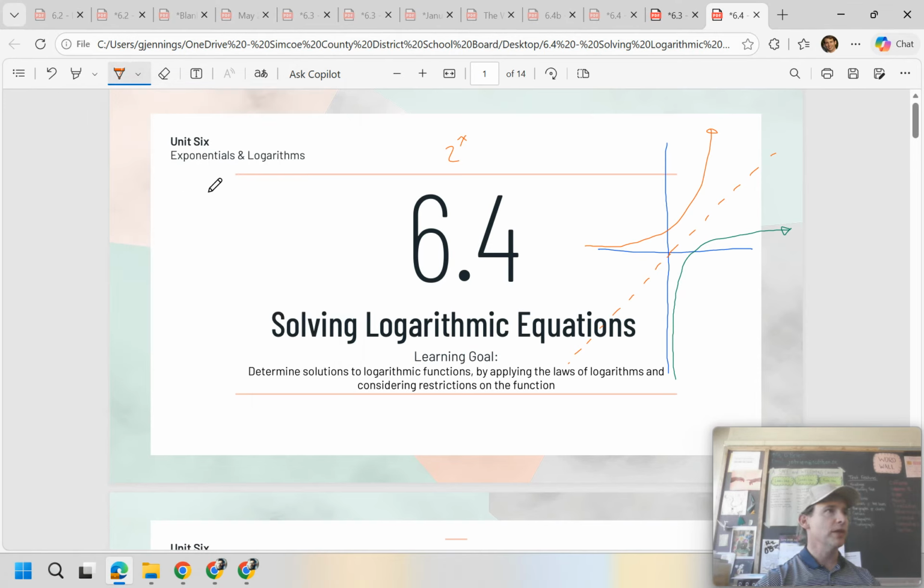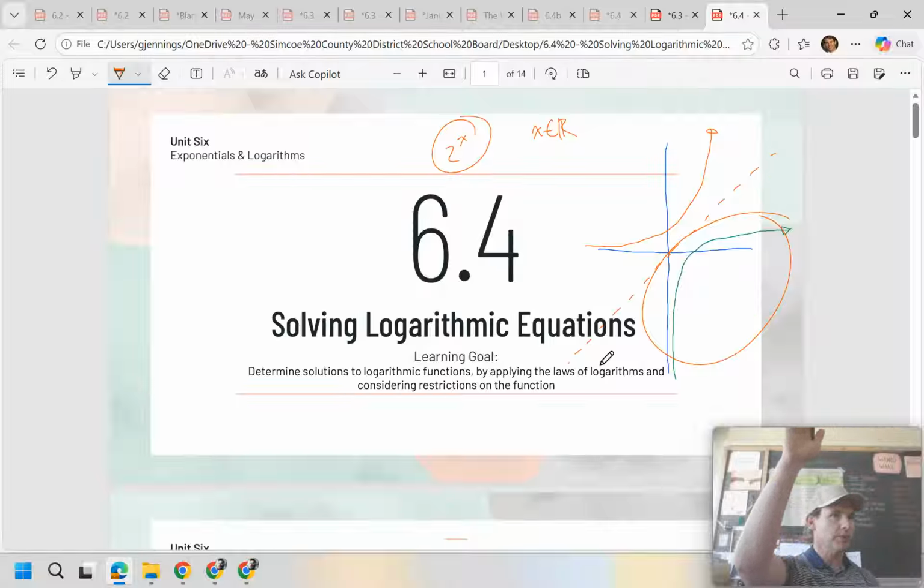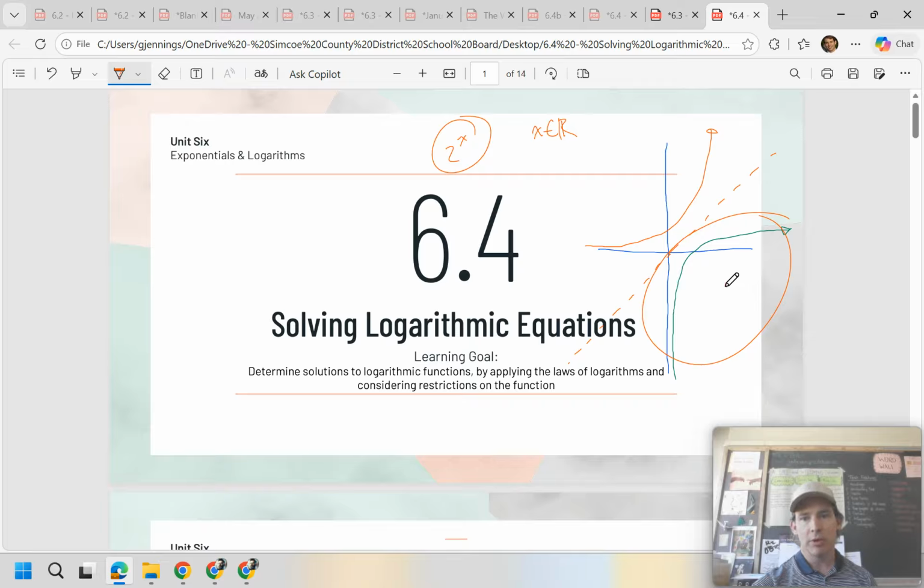Domain and range flip to become range and domain of your inverse function, right? So this one has x can be of the reals, and that's its domain. It can literally be any input. The same as this one here has a range of y is of the reals. Y can be any number for these ones.